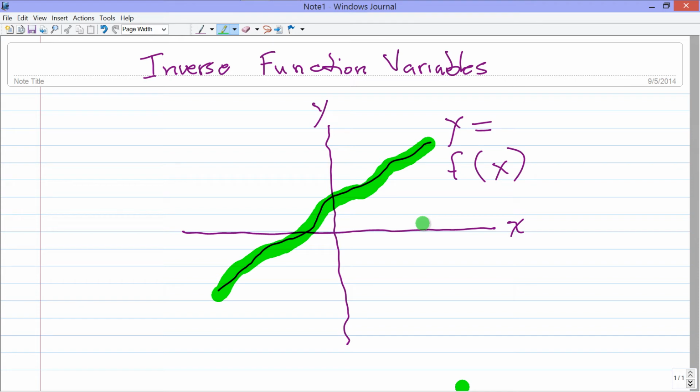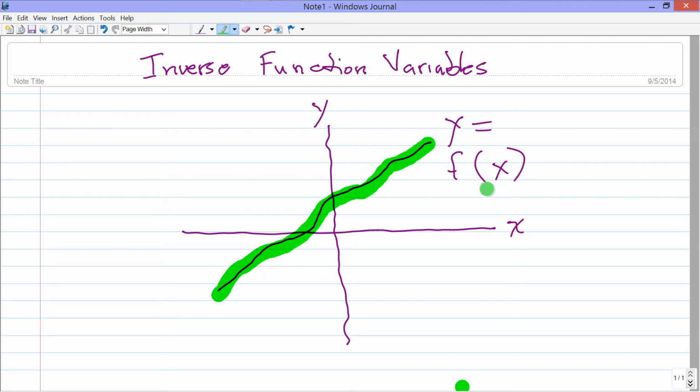Now if we take the inverse of that, what we want to do basically is see whether or not we can consider x as a function of y instead. And we have to do some mathematical manipulations to have that happen. When we do that, we'll get some other curve on this xy plane. I'm not sure exactly off the top of my head where it would be, but it will be a function as far as we can tell here.